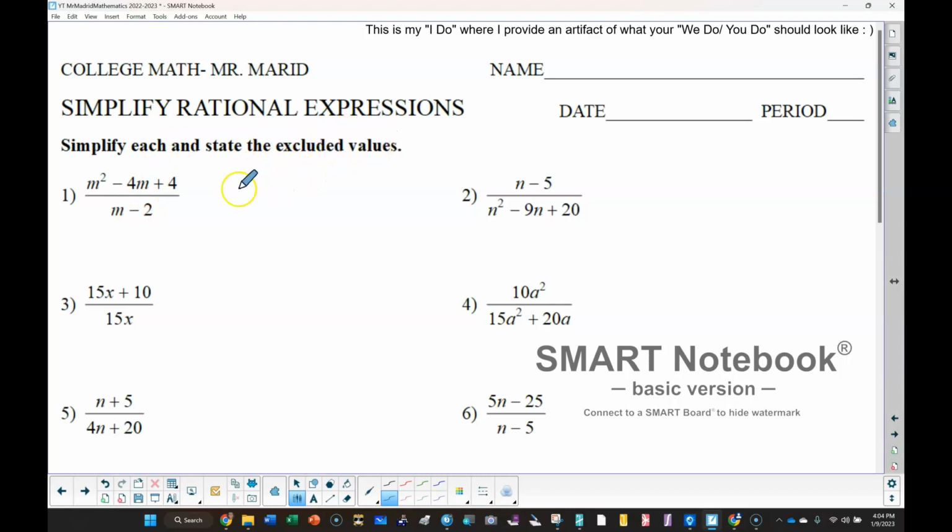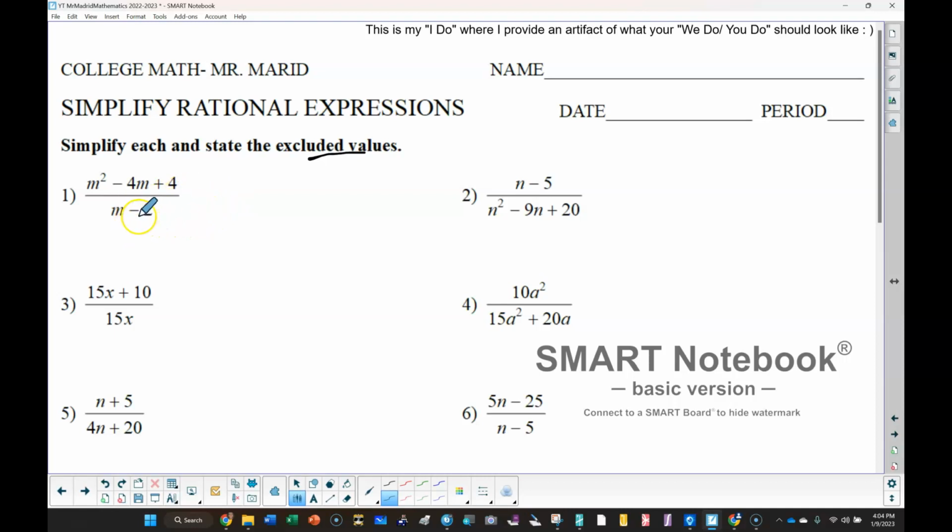I think the first thing we should do is the excluded values. That's what I'm going to encourage you guys to do. So basically, what values of m in the denominator will produce a 0? You guys remember that from your algebra classes?